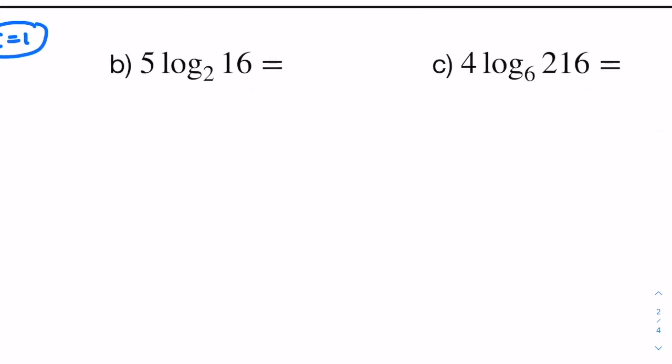Okay, if we move on over here, we see an annoying 5 right there in the front, but if we ignore it for a second, we can always come back. So just remember there's a 5 there. But this says log base 2 of 16.